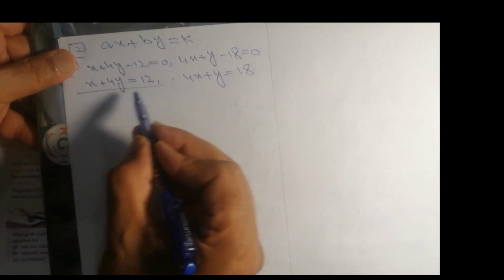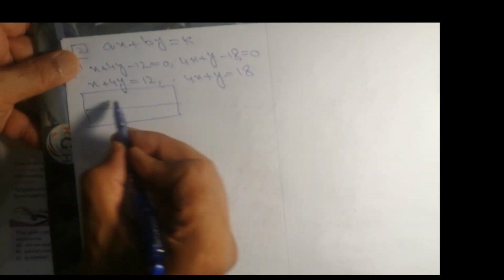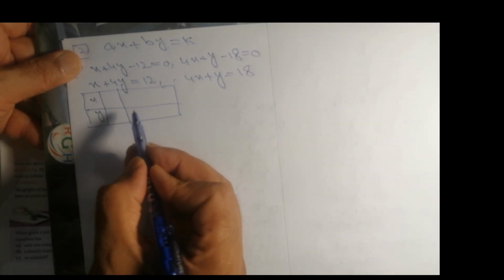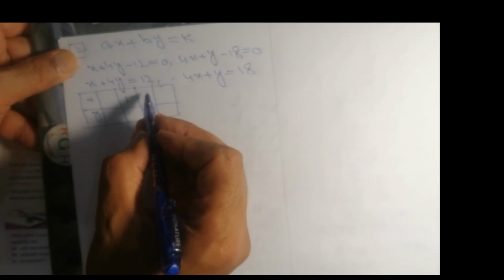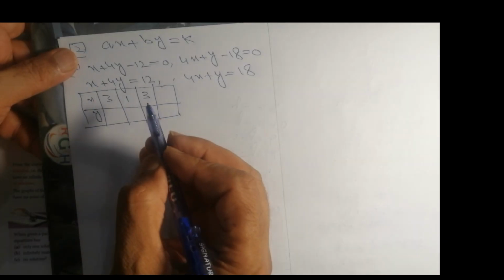So, table for equation number 1, x, y. For example we take 1 and 3, for example 3 and minus 3 here.